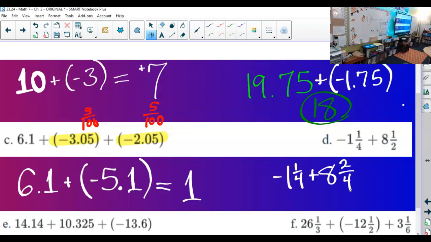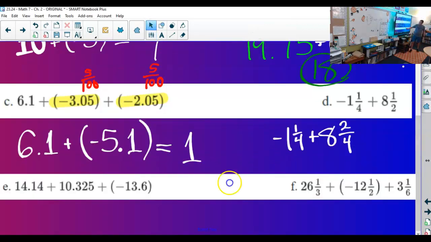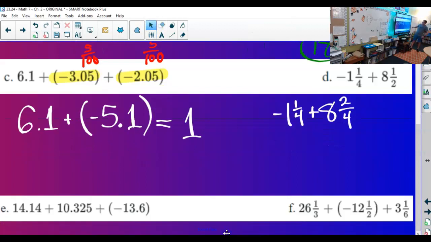Ooh, so Sophia brought up we could do improper fractions. If you want to do improper fractions, Sophia did negative, so 1 times 4 plus 1, negative 5 fourths, 8, 16, 32, 34.